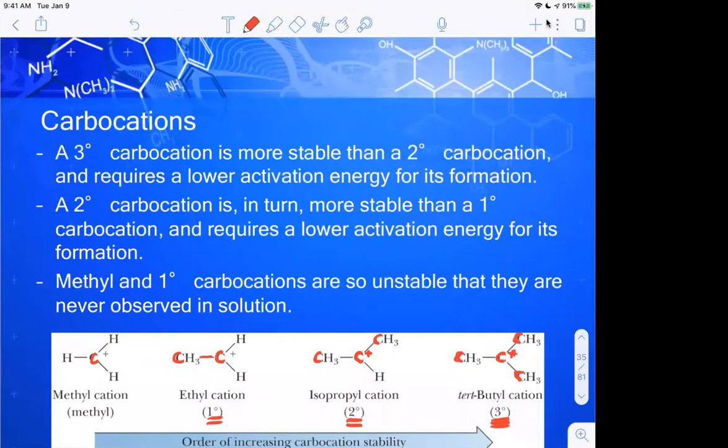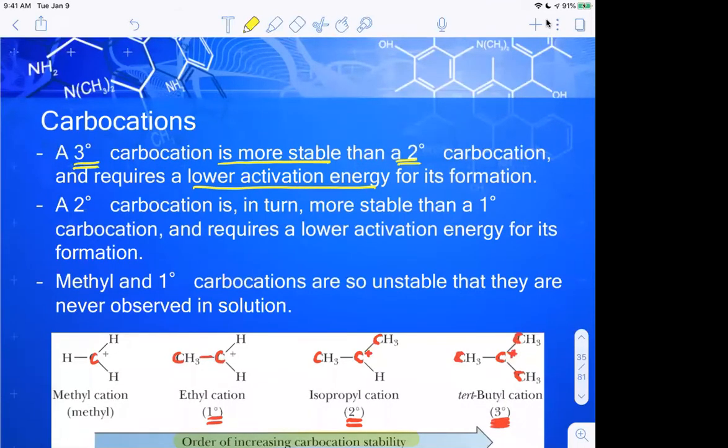Now this is really important. I'm going to highlight this. This is the order of increasing carbocation stability, which means that the tertiary carbocation is more stable than the secondary, and it has a lower activation energy for its formation.